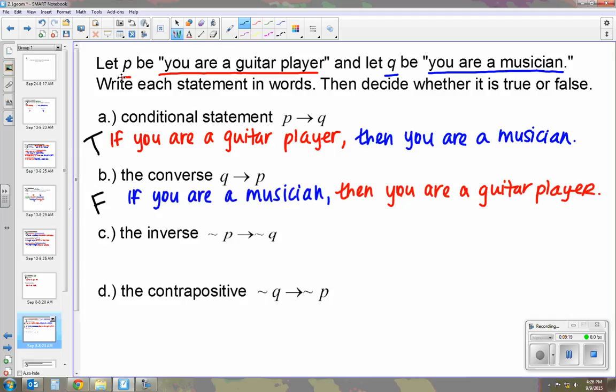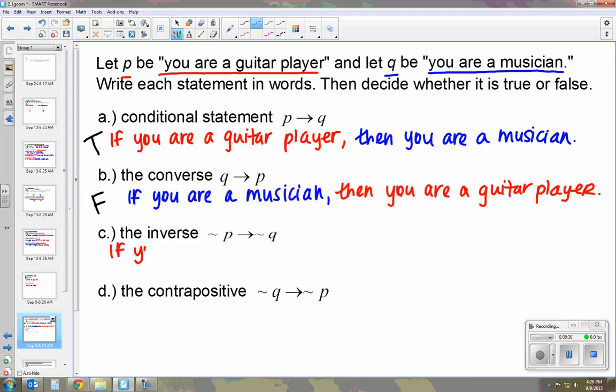Now the next one is the inverse. We haven't seen this word, but we actually can look at the symbols and it tells us to write if P then Q, and if we look at the squiggly marks, it tells us to negate both of those. So we're going to start off with P and we're going to negate that statement.